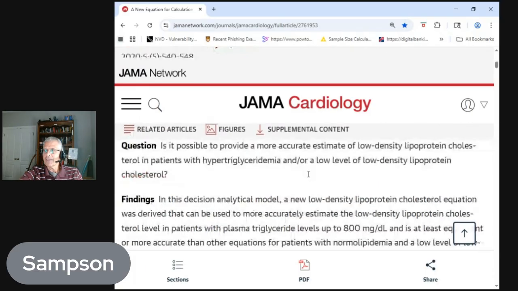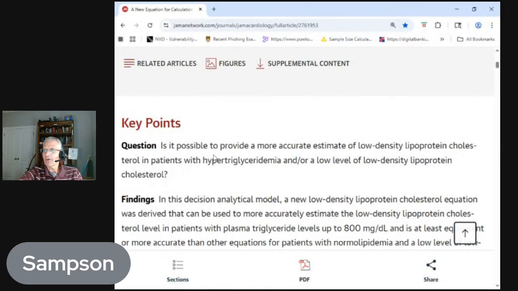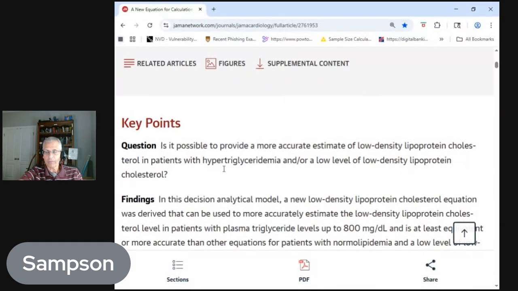And/or low level of low density lipoprotein cholesterol. So basically, is it possible to provide a more accurate estimate of low density lipoprotein cholesterol in patients with high triglycerides and, which is important, low level of low density lipoprotein cholesterol?